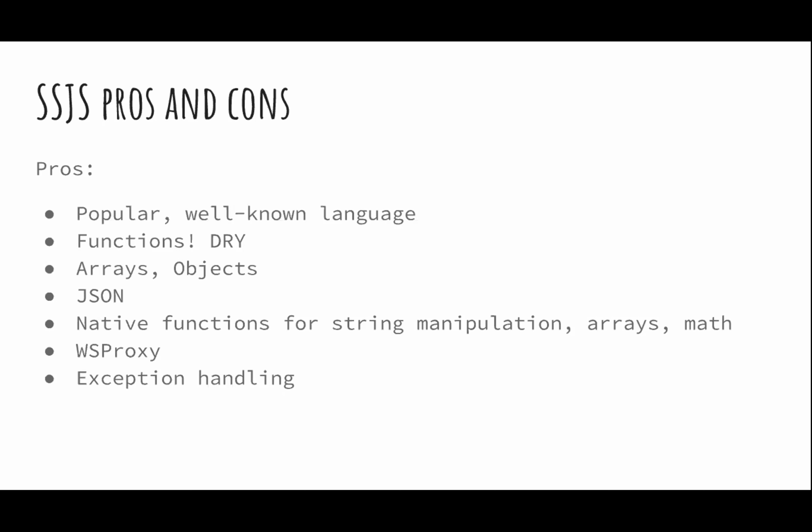AMPscript doesn't necessarily have functions or the concept of arrays or objects, really. The other thing is JSON. JSON is JavaScript Object Notation.